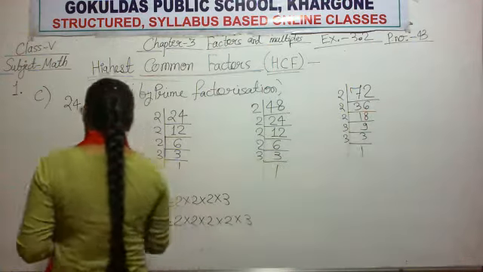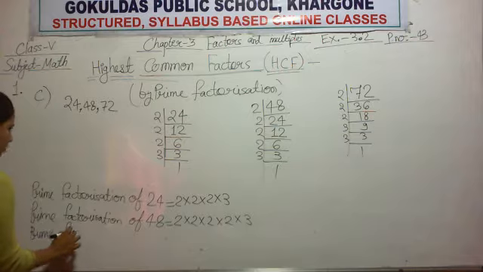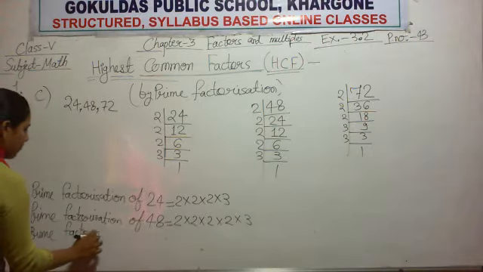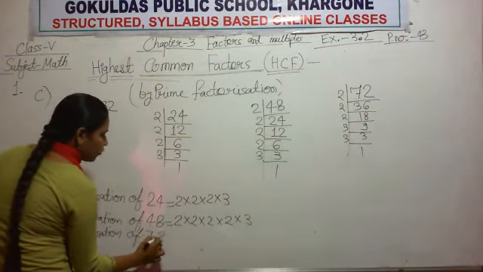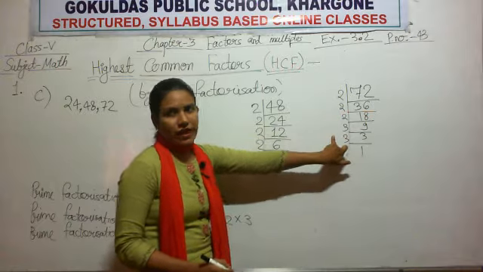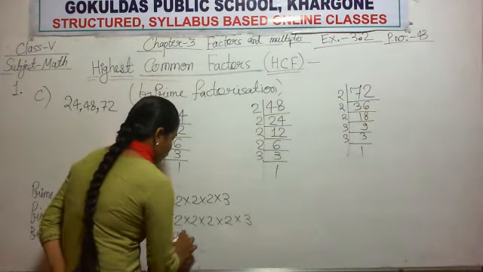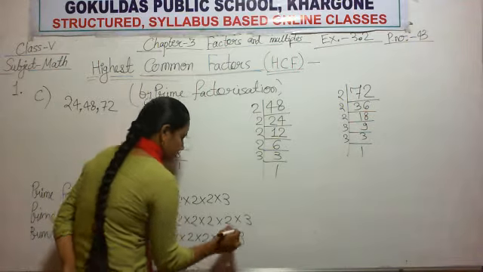So prime factorization of 72 is equal to the product of all these prime numbers, right? So 2 multiplied by 2 multiplied by 2 multiplied by 3 multiplied by 3.